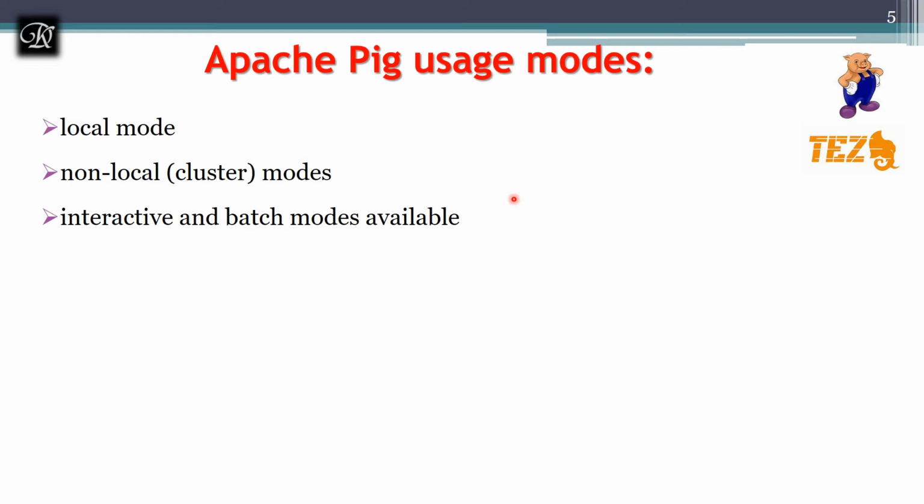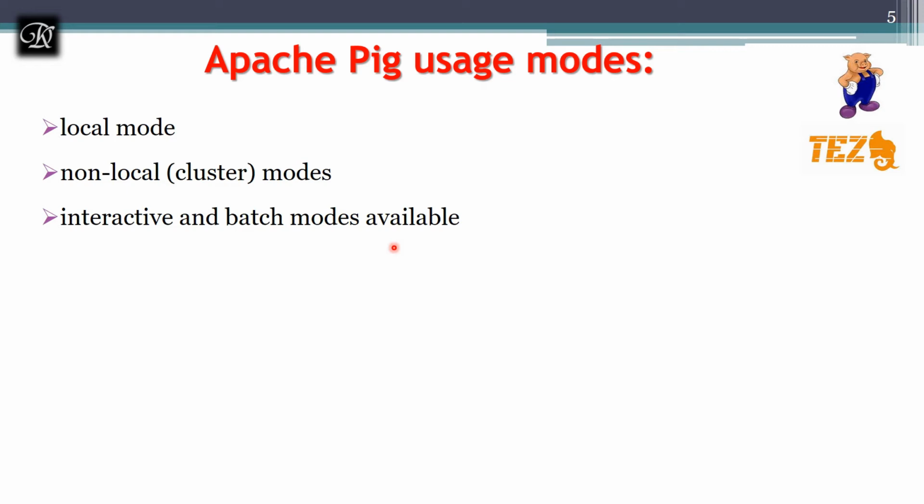And the term Tez we'll be visiting again and again throughout this discussion. Next is the interactive and batch modes. Interactive means it's going to allow us to interact whenever we are writing code and whenever we are running code. And batch mode is where we gather the complete set of queries and put them into batch processing.